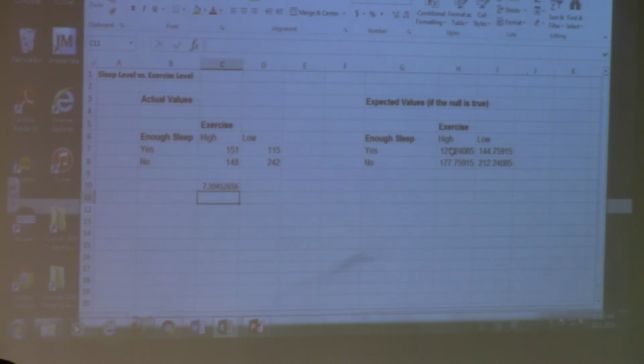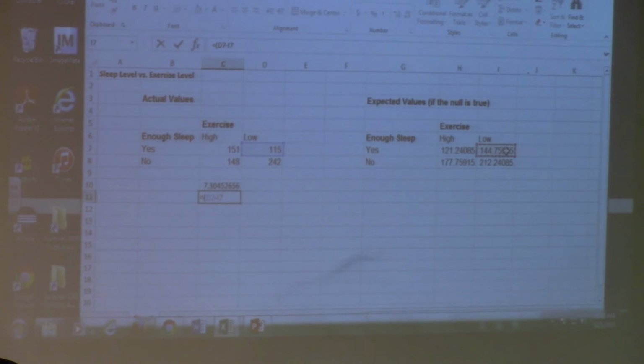What's the second term? Go to, say, this cell. Keep zooming in here. D7 minus corresponding expected value I7 squared divided by I7. I think we'll make this bigger here. It's not working.